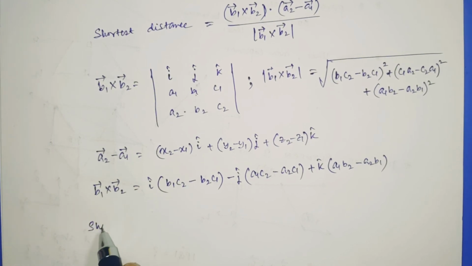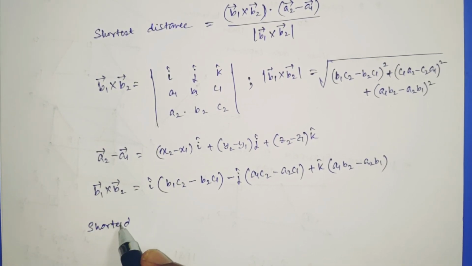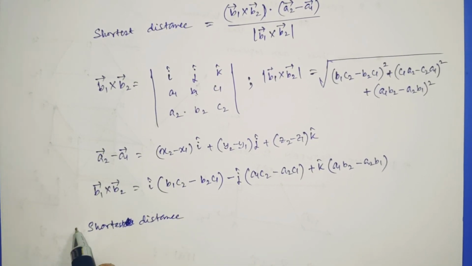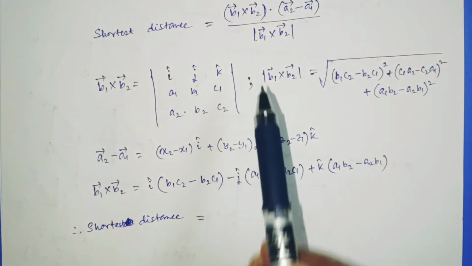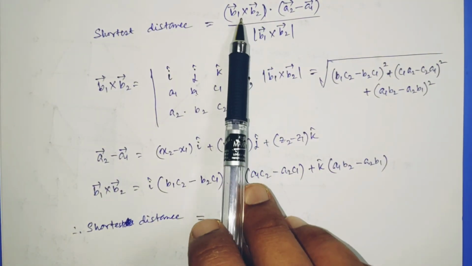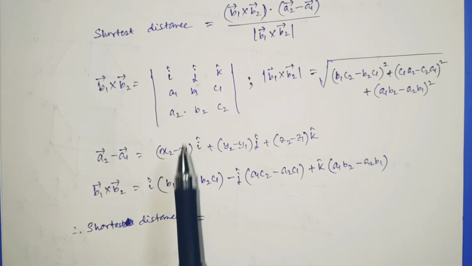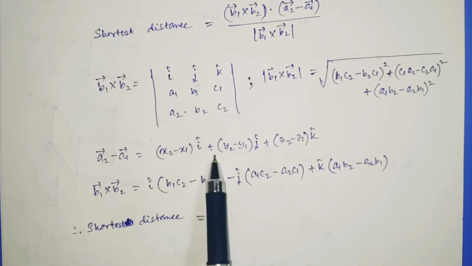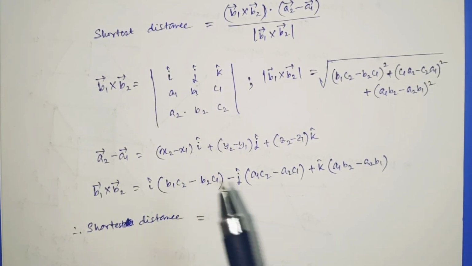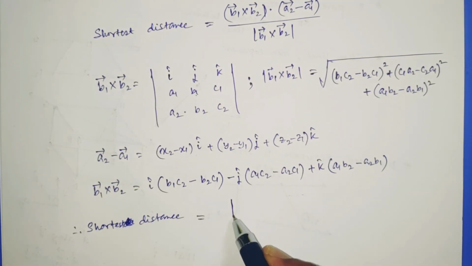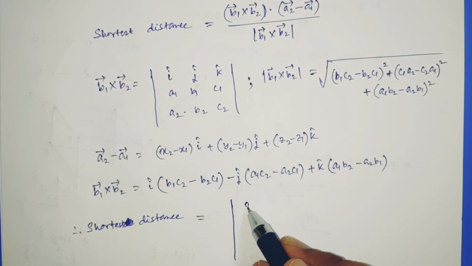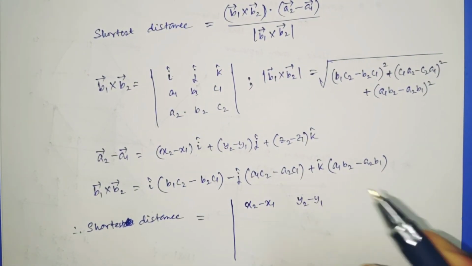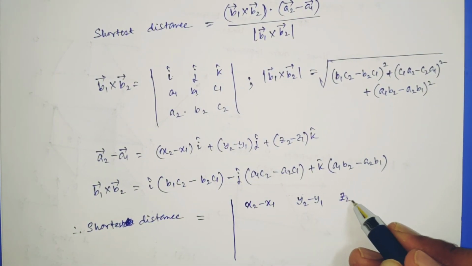Therefore the shortest distance is equal to, now you see here, I will do this one directly. If I do the dot product of this one and this one, what do I get? I already explained this before. Here I get i dot i, it is x2 minus x1, then j dot j, it is y2 minus y1, then k dot k becomes z2 minus z1.